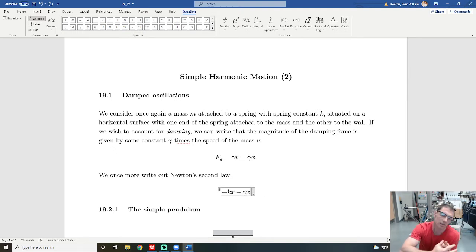And so damping, physically speaking, this could be sort of like air resistance, maybe, or the resistance that an object in a fluid encounters as it moves. Remember, air is a fluid, as weird as that sounds to say.